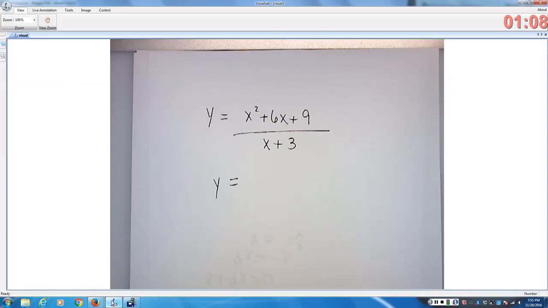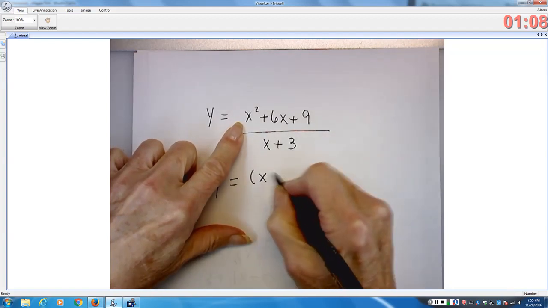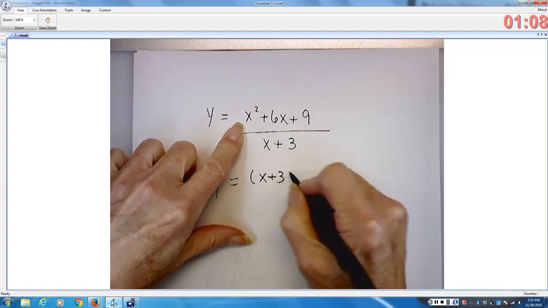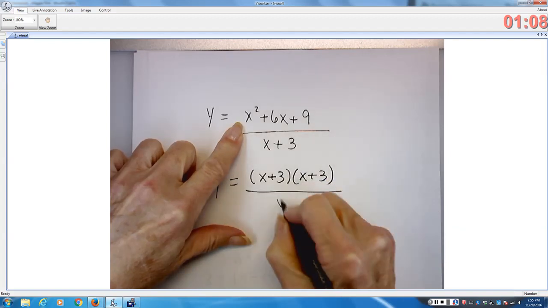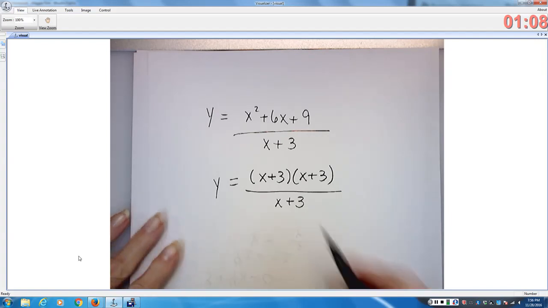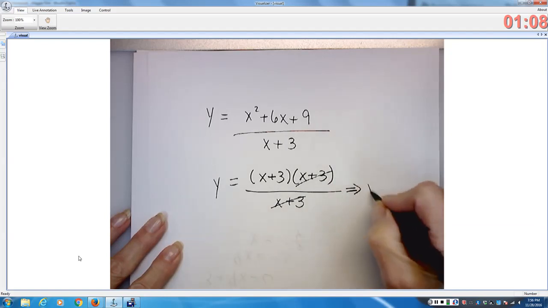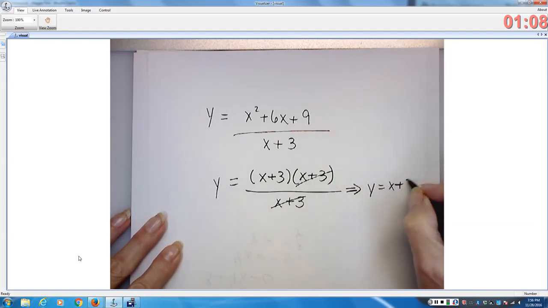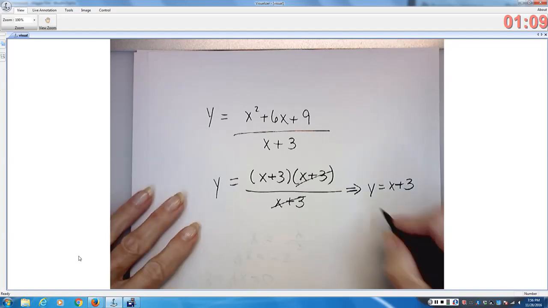What I did was I copied the equation. In this particular case, the numerator will factor into that. And because it factors into that, it's going to have the same graph as y equals x plus 3.